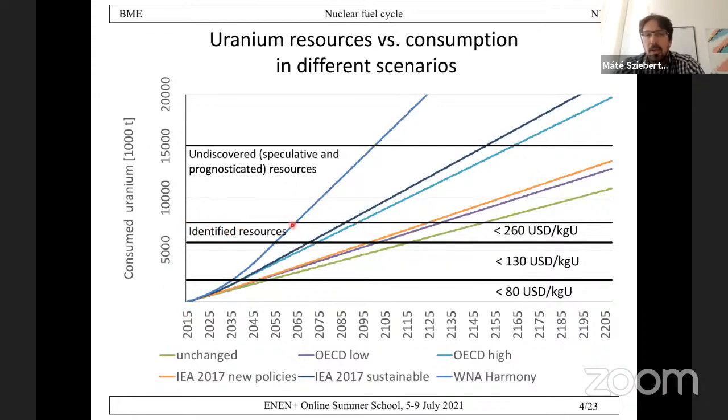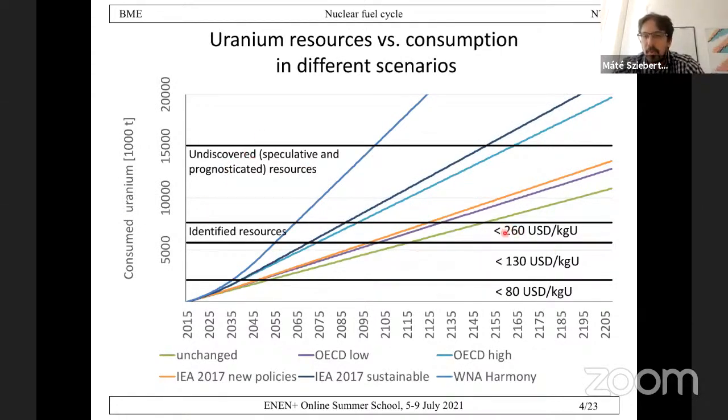Those are the uranium resources where you have some actual evidence that it is there, and what the quantity is. This is around 7 or 8 million tons. It varies a little bit year by year, usually increasing a little. And you have about the same amount of so-called undiscovered resources, speculative or prognosticated. So based on the geological characteristics, you assume that there is some uranium there.